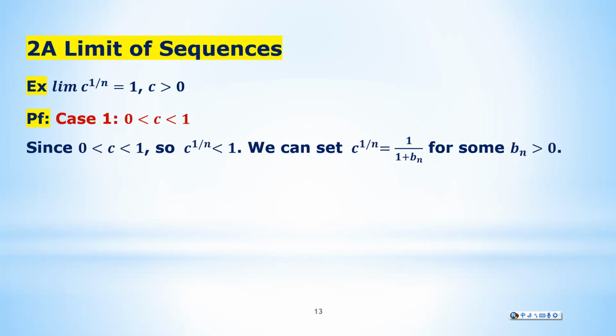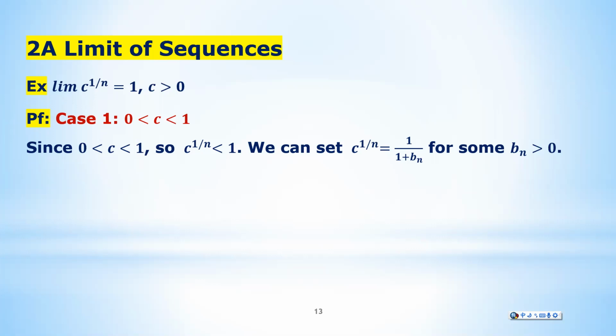Now, in order to give a proof, we need to do some preparation. In this case, we observe that c to the 1 over n is less than 1. The sequence is always less than 1. Therefore, we can set c to the 1 over n to be 1 over 1 plus bn, with bn greater than 0.